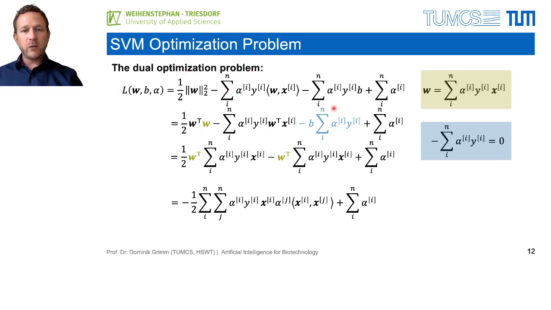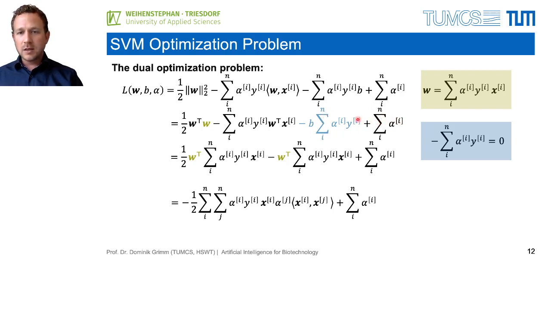So here we have again the Lagrangian, and now we substitute the w's with this expression here, which we computed on the slide before, and with this expression here, which we also computed on the slide before. So let's rewrite this. This is nothing else than w transpose times w minus this expression, minus, I put the b in front because it's independent of i, b times this part here, plus the sum over all alphas for the samples.